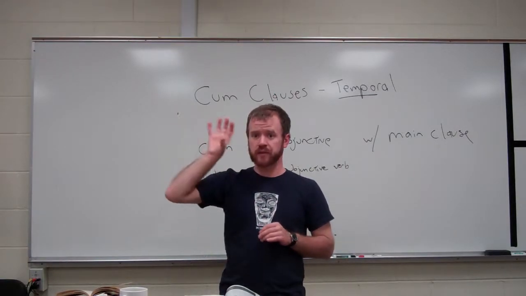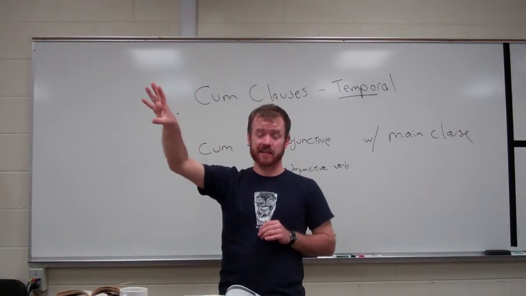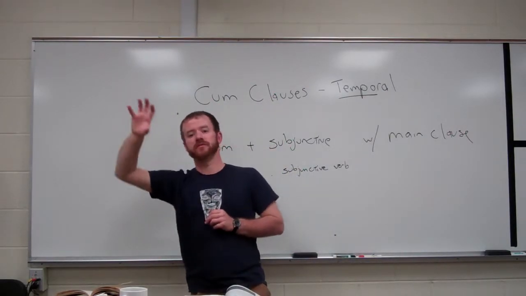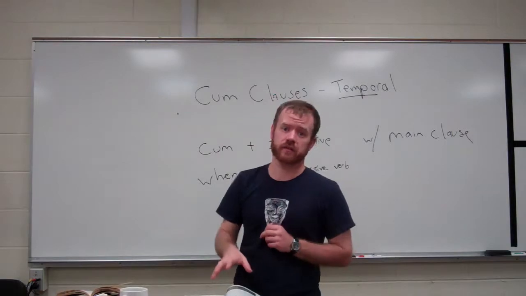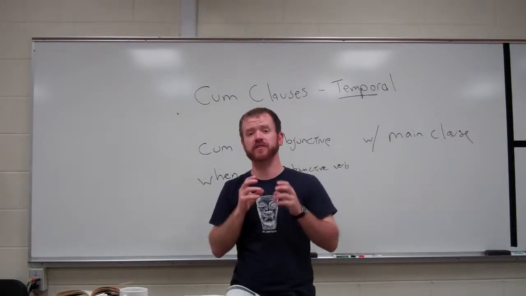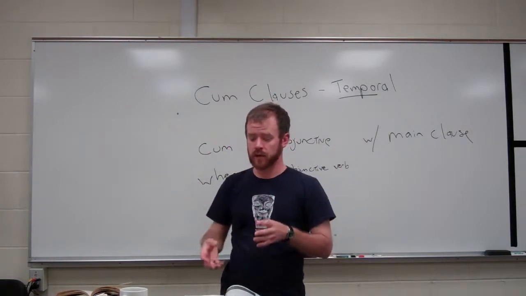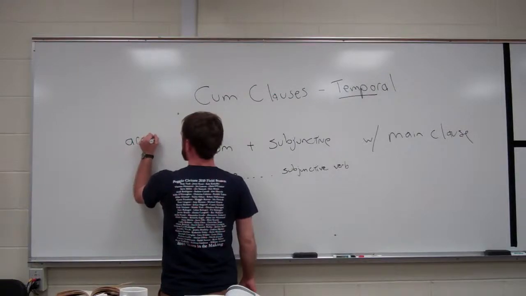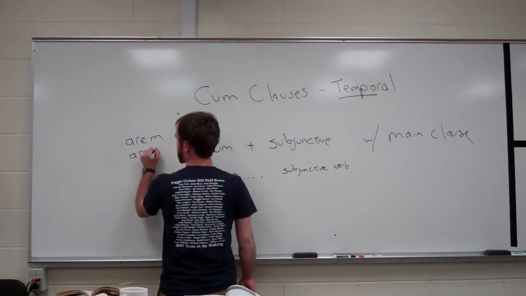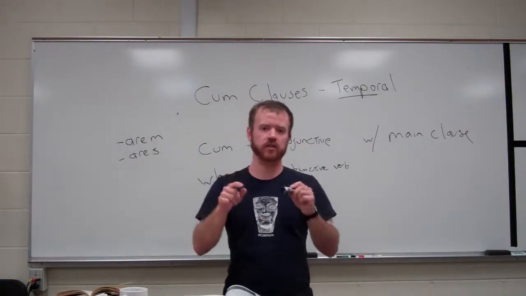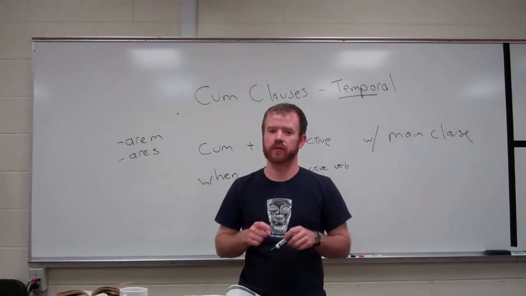So if the main verb is perfect in idea, then the subjunctive must have happened before, and so we have to translate it pluperfect. Even if it's in the imperfect subjunctive form, with -arem or -ares, etc., etc., even if it has that form, we still translate it like it's pluperfect.